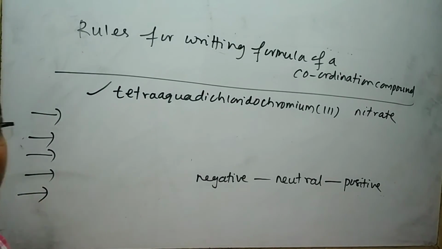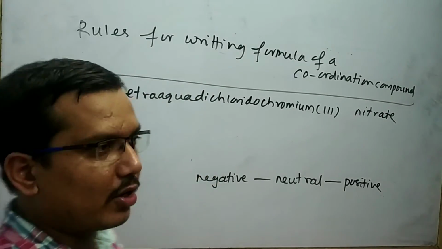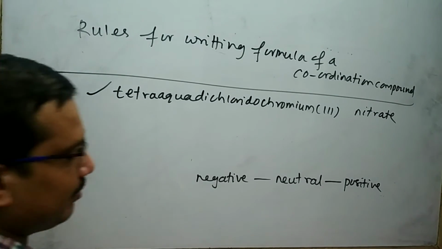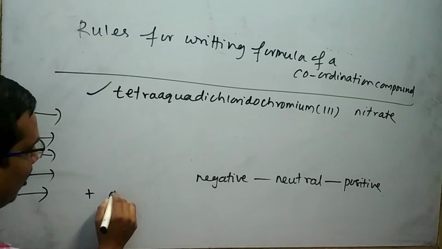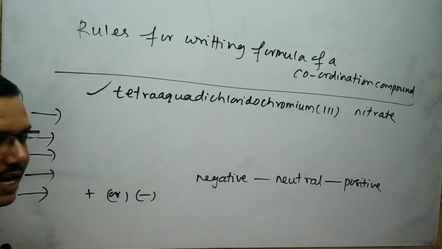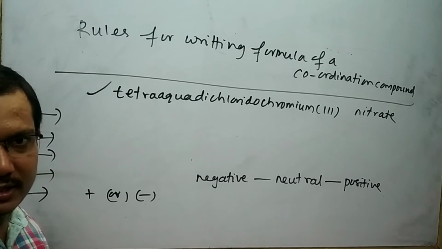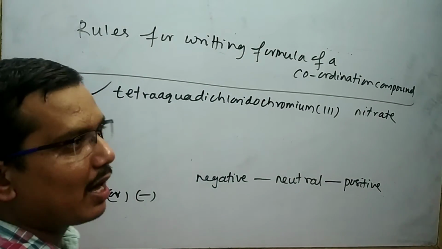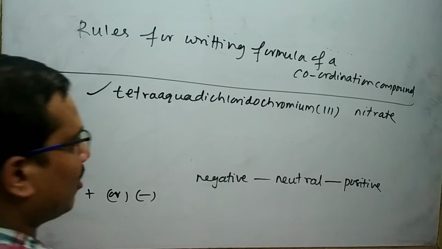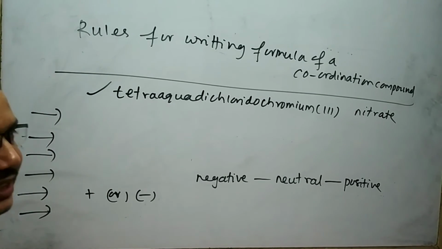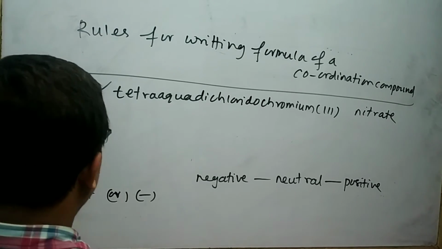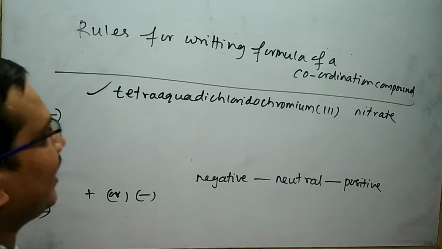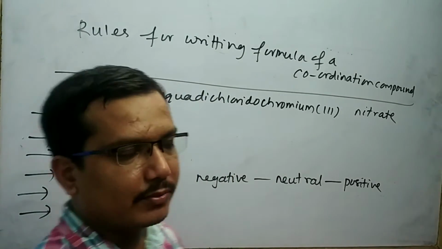Fifth rule is the charge of the complex ion must be written as a right superscript with the sign plus or minus, enclosed in parentheses. Sixth rule is the number of cations or anions to be written in the formula of the coordination compound is calculated on the basis that the total positive charge of the cation is equal to the total negative charge of the anion. These are the rules for writing the formula of a coordination compound.